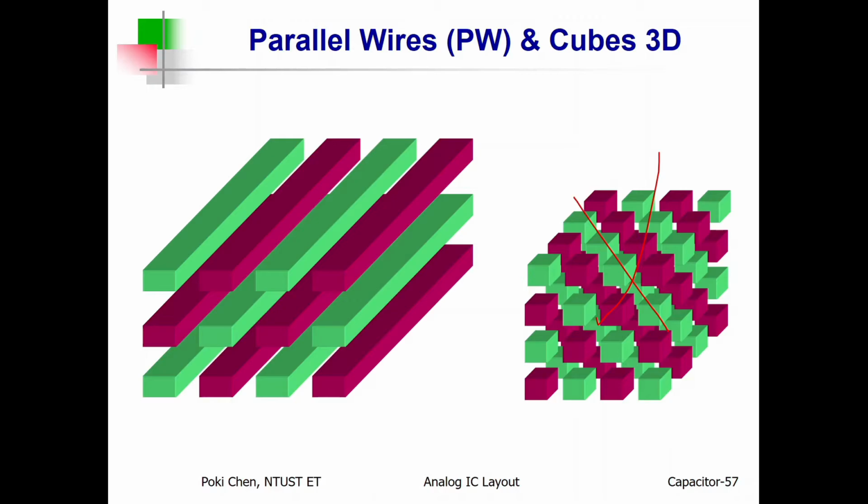All right. And how about parallel wires? Again, it has lateral flux, but also vertical flux. This is no good for matching. It is also not scaled with process evolution. So compared with our vertical bars or vertical parallel plate, this is no good.